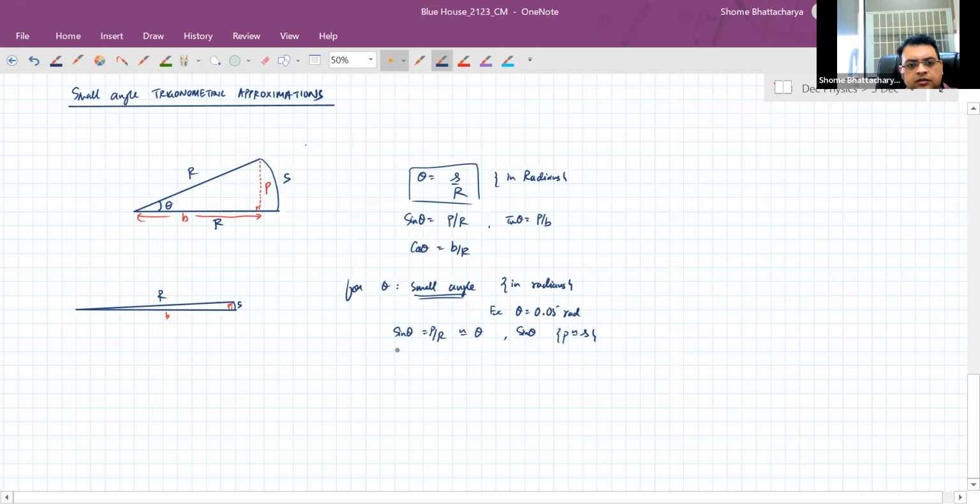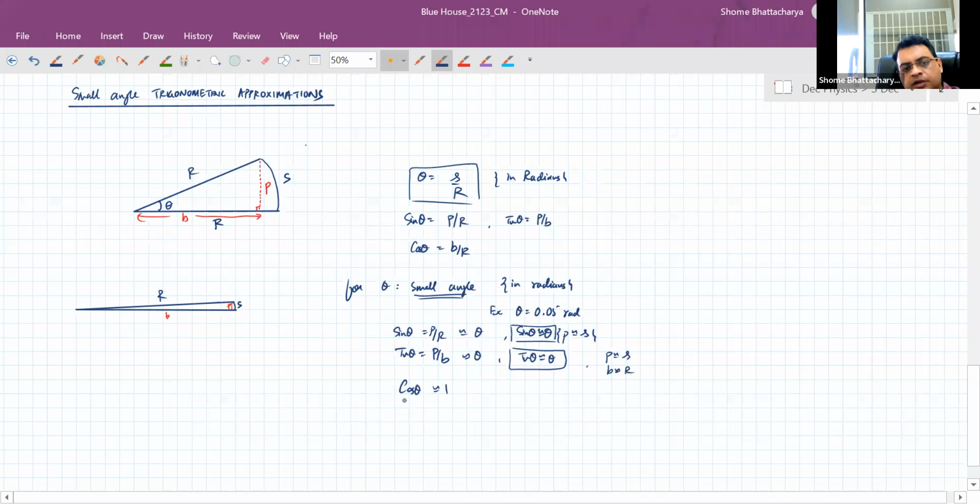And similarly, tan theta, which is perpendicular upon base, also tends to become theta, because the perpendicular is tending to the arc length and the base is tending to the radius. And cos theta actually tends to become 1.